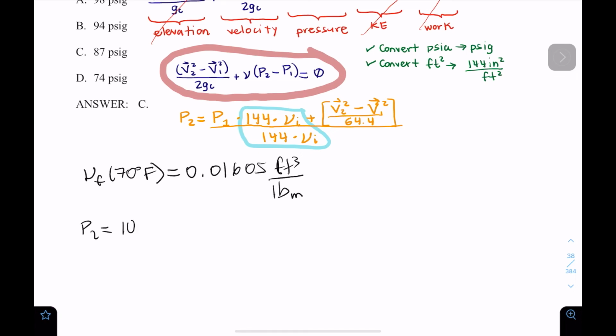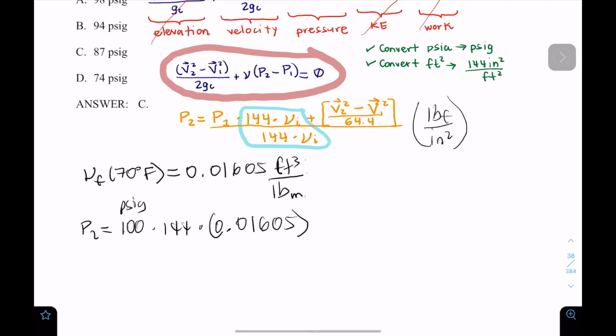So I know it's 100 times 144, and I know this is PSIG. Yes, I know I shouldn't do that, but I'm a little lazy, and I don't want to confuse anybody more, because I already have the values here, and I know that my answer here is going to be pound force over inch squared anyway. So I already set it up for that.